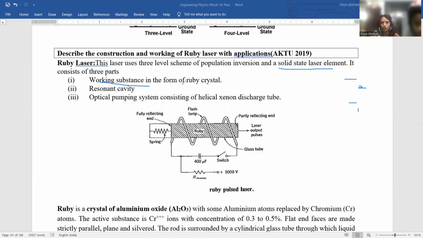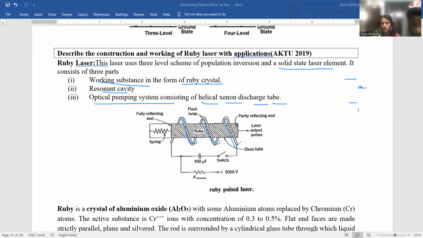working element as a ruby crystal, a resonant cavity, optical pumping system, which consists of helical xenon discharge tube. Here I will show you in the circuit. See, helical because it is in the shape of a helix, xenon discharge tube.